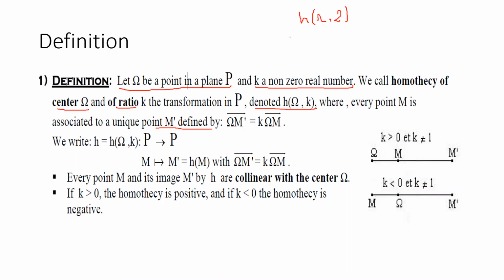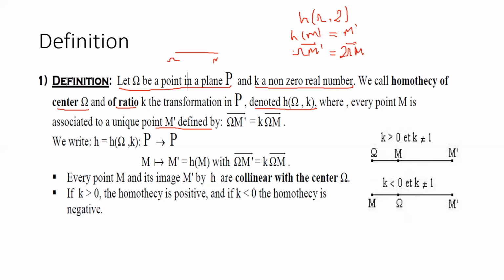I have h of m, the image of m. I named it h because it is homotopy. h of m equals m prime, the image of m is m prime, meaning the vector omega m prime equals 2 omega m. If I want to draw it, this is omega and this is m.